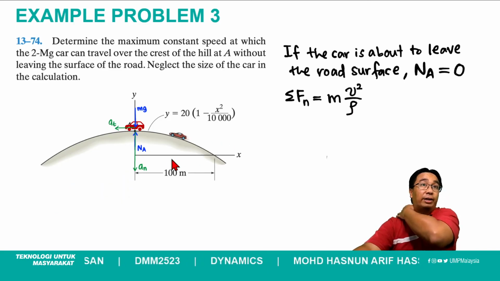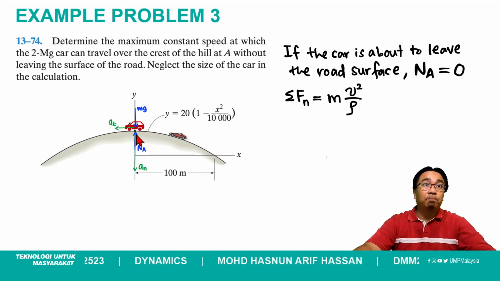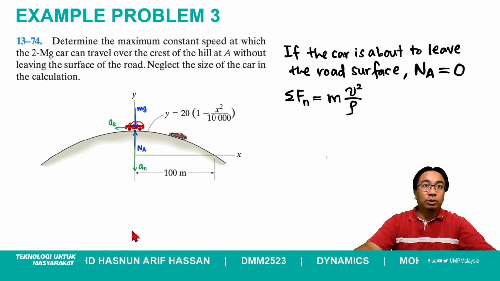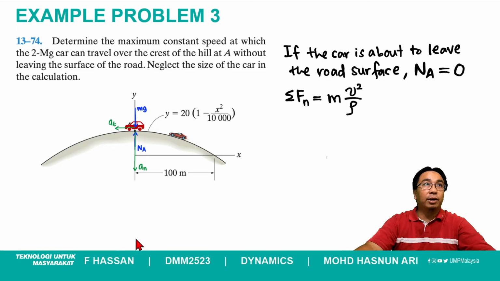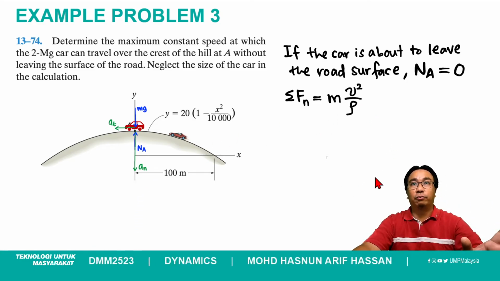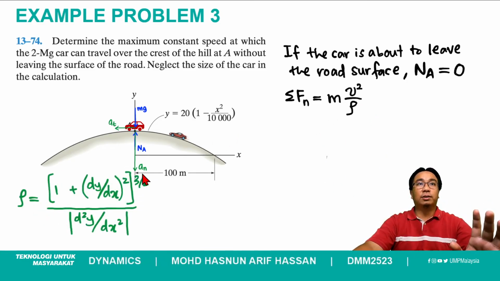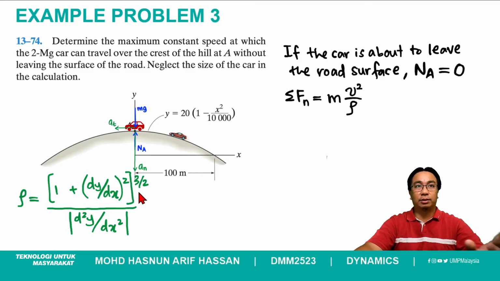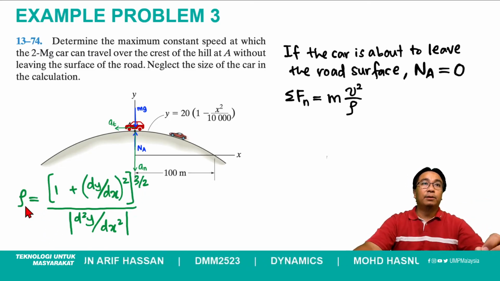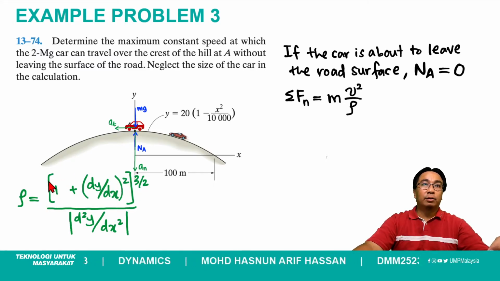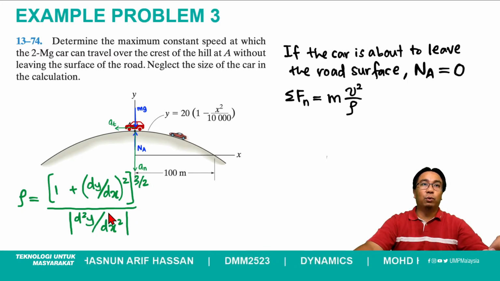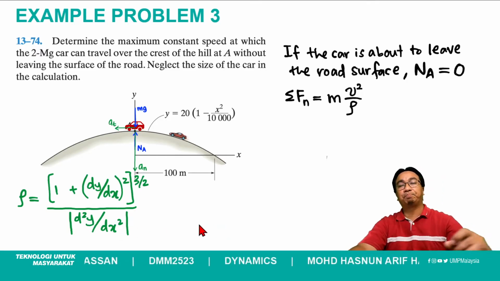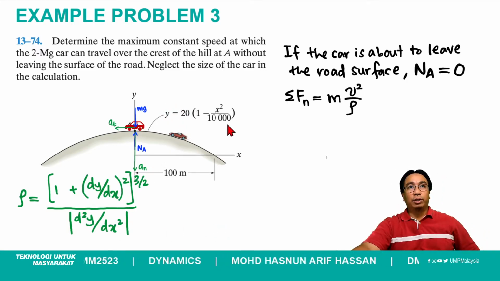What is the value of rho, which is from this point of the car to the center of the arc? Maybe somewhere down here, but we don't know the value of rho. So therefore we have to use the equation I have shown in the previous slide. Rho is equal to 1 plus dy dx square to the power of 3 over 2, divided by d2y over dx square.